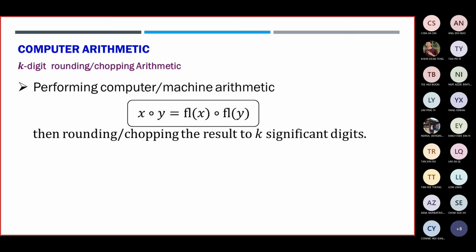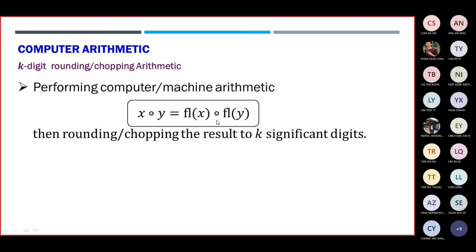Now, when performing computer or machine arithmetic, for x times y in floating point, first you need to change into the floating point, whether it's chopping or round-off, for the respective x and y. Only then do you multiply. What students usually do wrong in the exam is change at the last step, rounding off or chopping after the calculation.